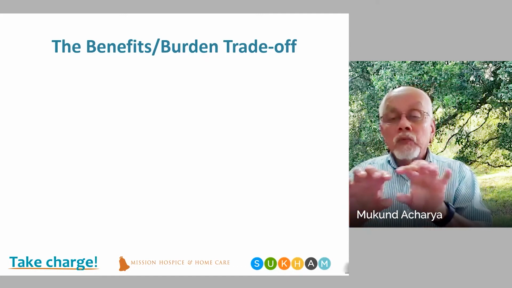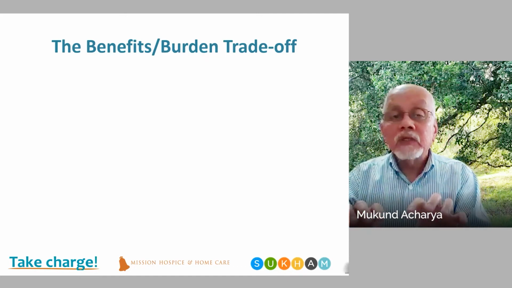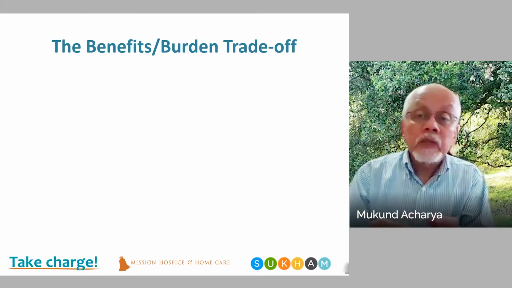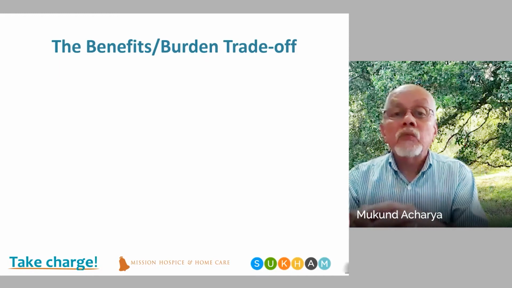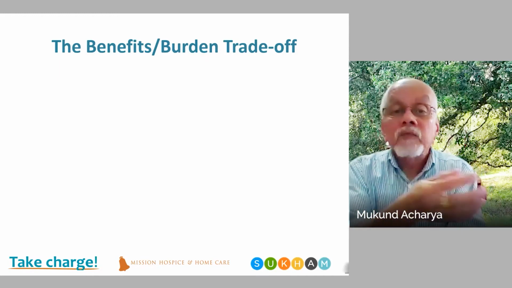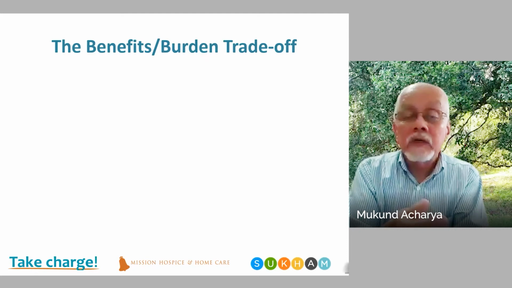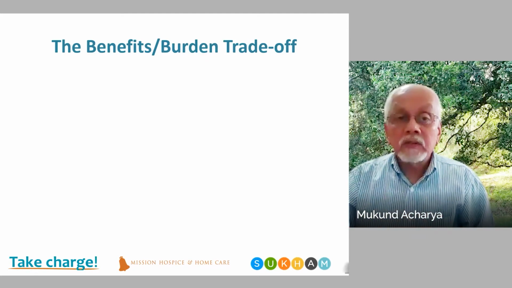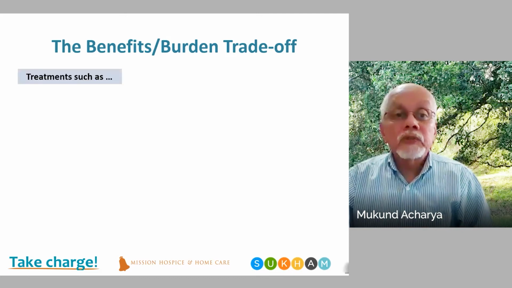And so we look at every single intervention from the point of view of what benefit it will bring versus what complication, what burden it will have. And we trade off one versus the other, a risk analysis, if you will, and then make a decision based on that. Let me give you some examples of that.